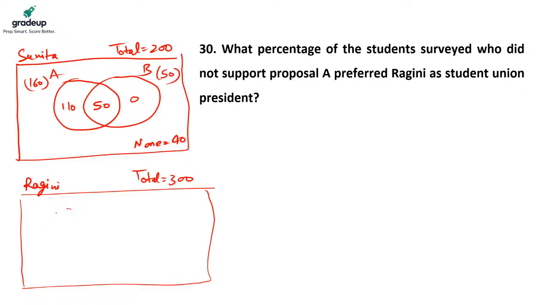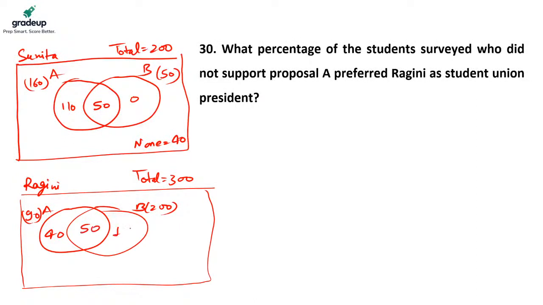Okay. For Ragini, can I say A and B? This was 90. This was 200. Values were 40, 50, 150. None was 60, isn't it? Okay, so I have just formed the Venn diagram again.